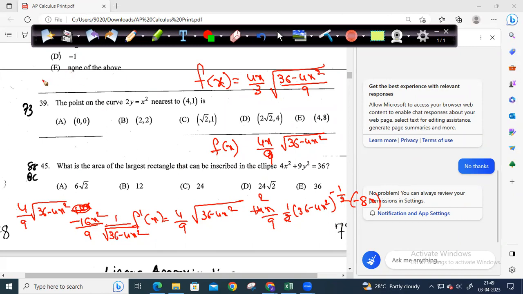I don't like to waste time on calculations here, but let me do the complete question. So I'm doing 16x square by 9 into 1 by root of 36 minus 4x square.